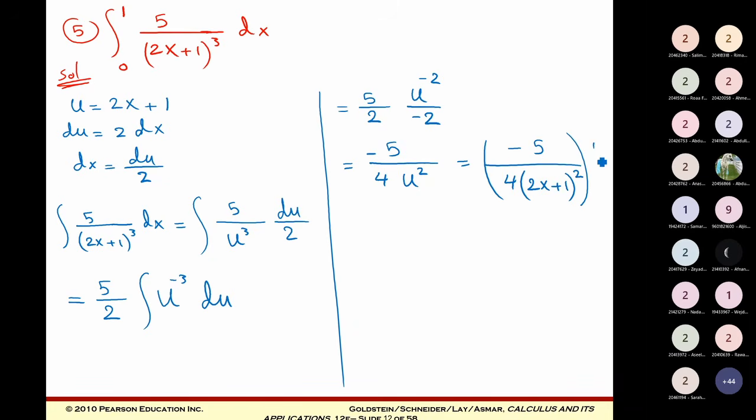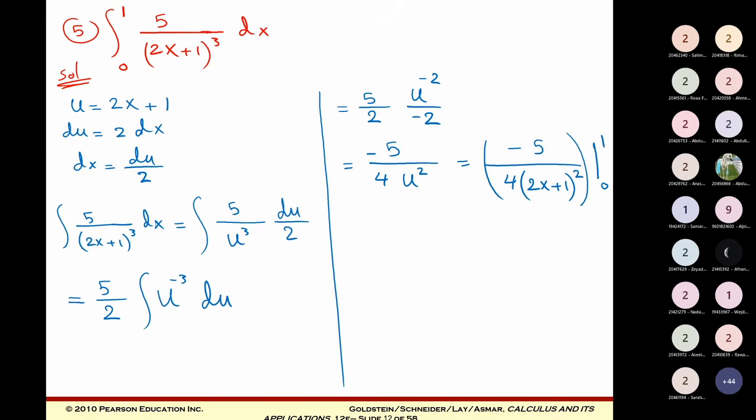Now substitute 0 and 1. Look, after changing u to x, with respect to x, we can substitute 1 and 0. The values 1 and 0 are for x, not for u, so we cannot substitute them into u. It must be returned to x.